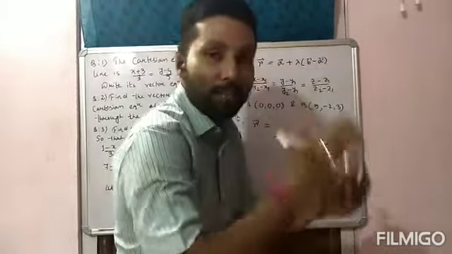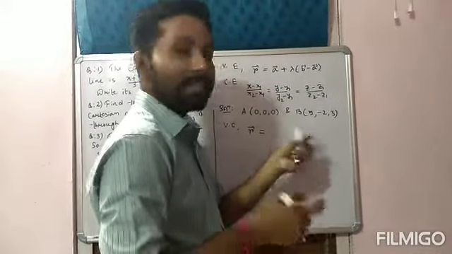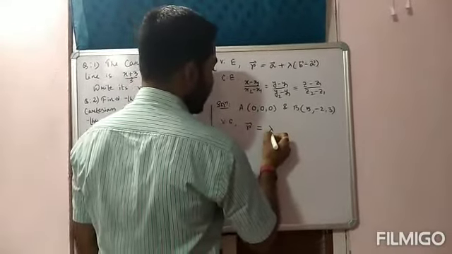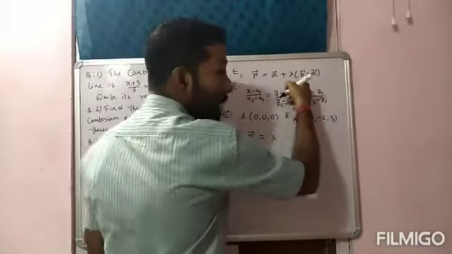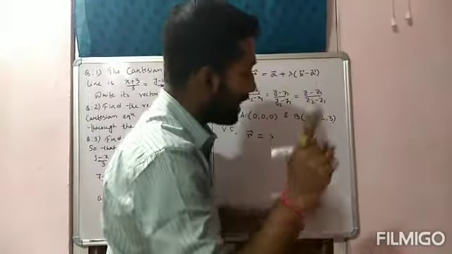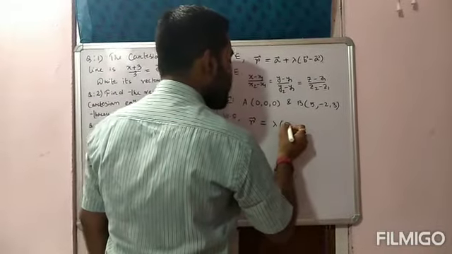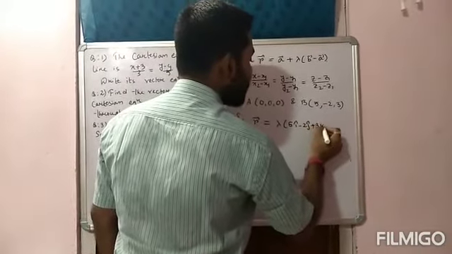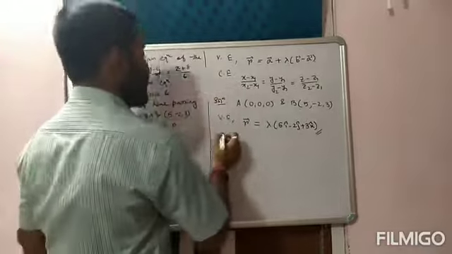A bar means the first point, capital letter A. Its coordinates are 0, 0, 0, so there is no need to write this. So plus lambda into B minus A. B bar is given, so you have to write the coordinates in vector form: 5i cap minus 0i cap is 5i cap, minus 2j cap plus 3k cap, which is the vector equation of the line passing through 2 points.